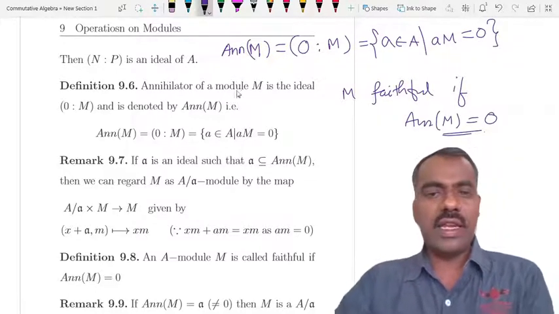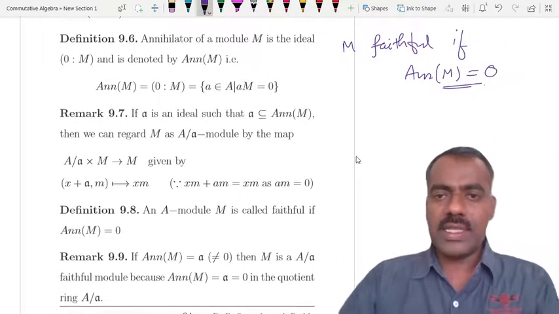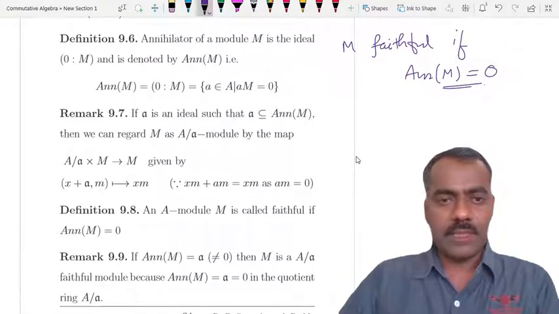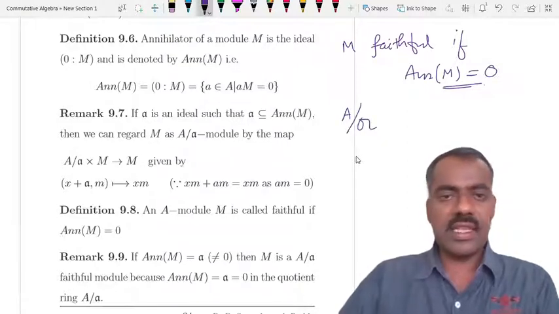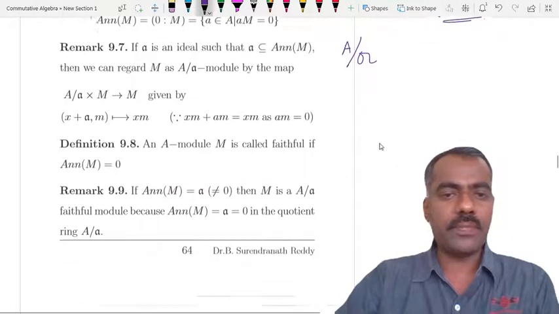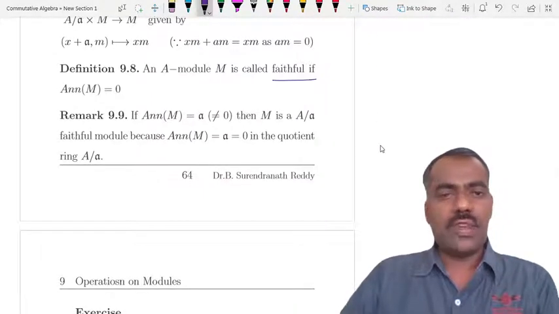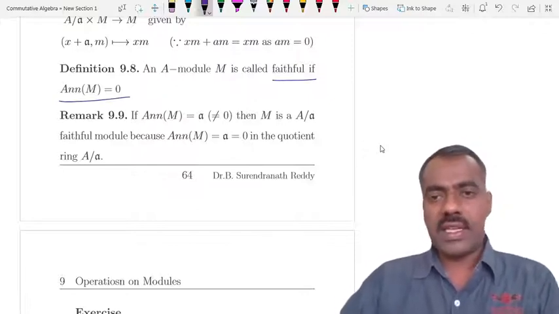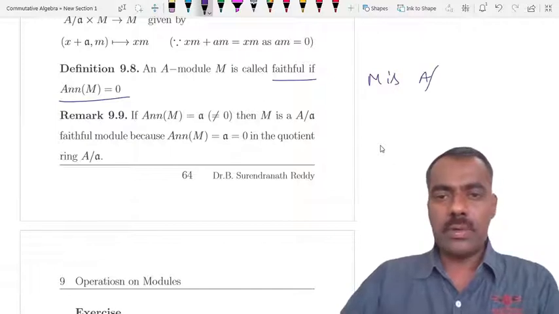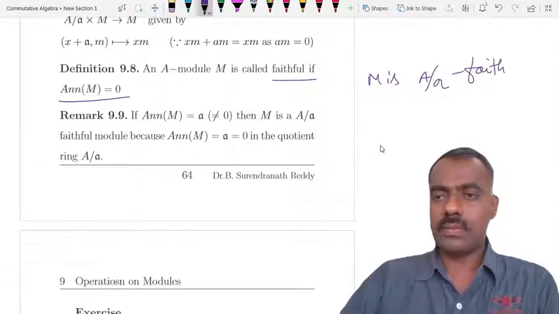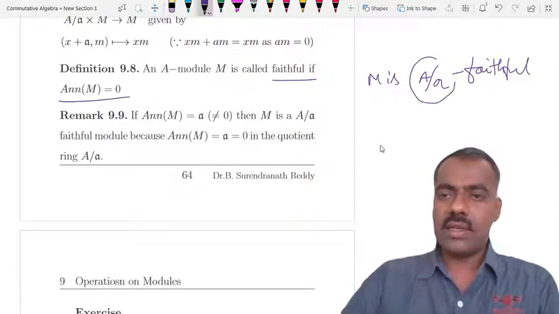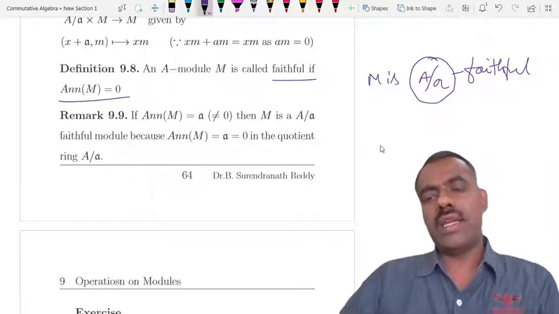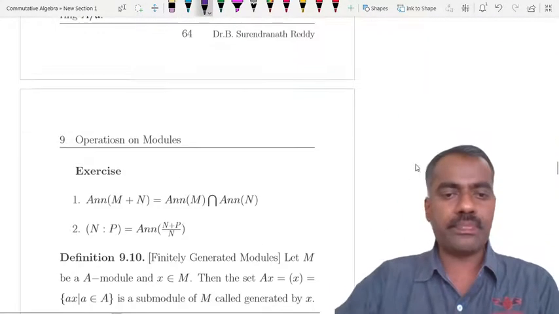If the annihilator of m is non-zero, then because it is an ideal, you can talk about A modulo the annihilator, and m is actually a module over A modulo the annihilator of m, which is faithful, because in this ring the annihilator of m is 0. Okay, fine.